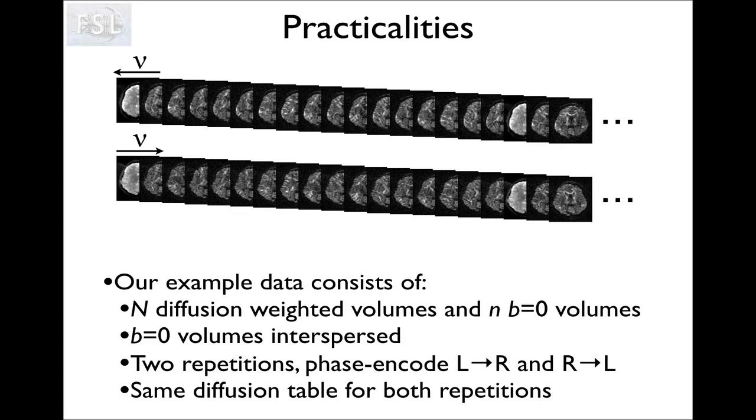In retrospect, you could say that was probably overkill. We didn't really need it, but this is the data we have. And also, there's the same diffusion table for both repetitions, i.e. each and every diffusion gradient has been acquired twice with the two different phase encode directions.